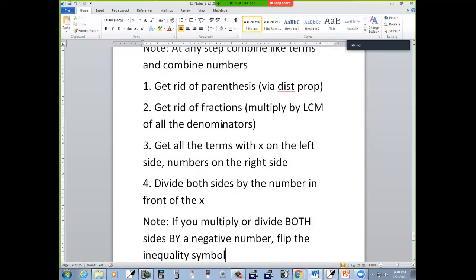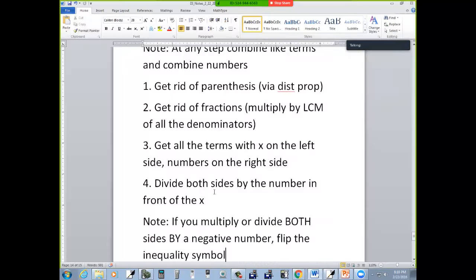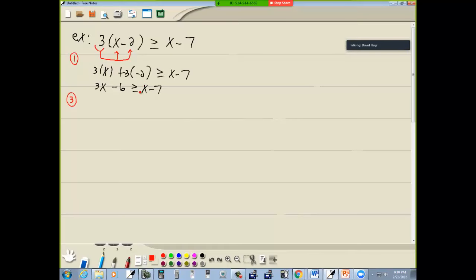Step 2, get rid of fractions. Don't have any. Step 3, get all the terms with x on the left side, numbers on the right side. So I'm going to take this x and move it to the left side. I'll take this -6 and move it to the right side. When you move anything across your inequality, just like when you're working with equations, it changes the sign of it.